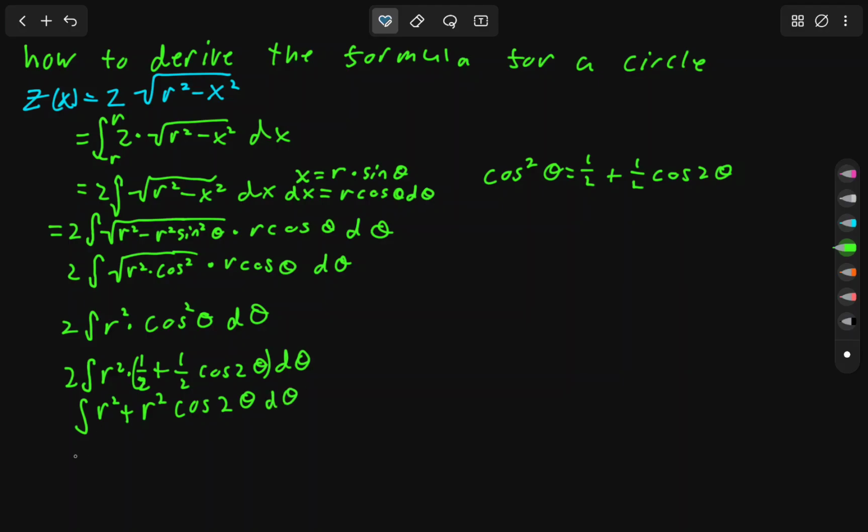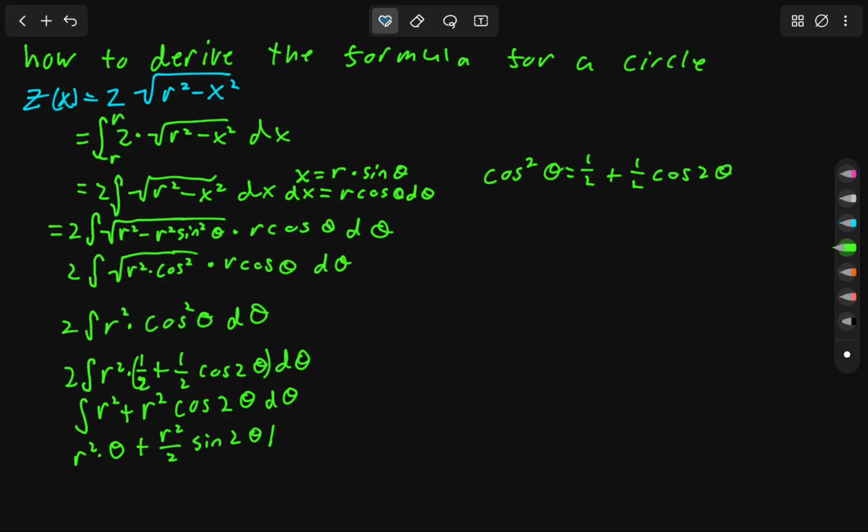Now integrating this, we get r squared times theta plus r squared divided by 2 sine of 2 theta plus c. Well, I'm really not going to worry about this plus c, as this is supposed to be a definite integral.